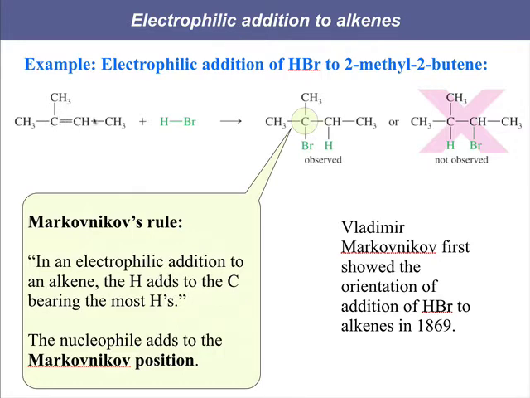Carbon on the right with one methyl has one hydrogen. So the hydrogen goes onto the carbon with the other hydrogens. That is Markovnikov's rule. Addition of HBr to an alkene follows Markovnikov's rule. I'm saying that because we will look at some reactions that violate Markovnikov's rule. This one obeys Markovnikov's rule.